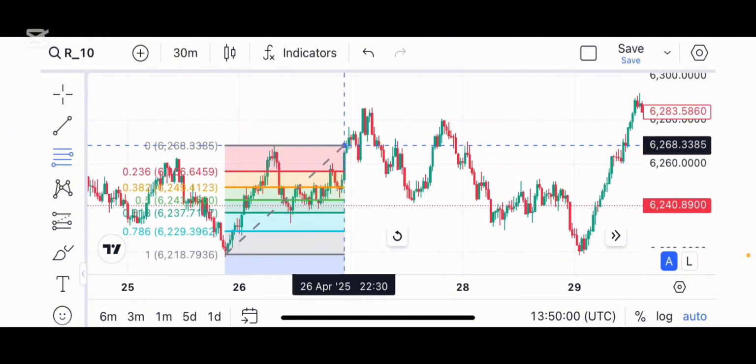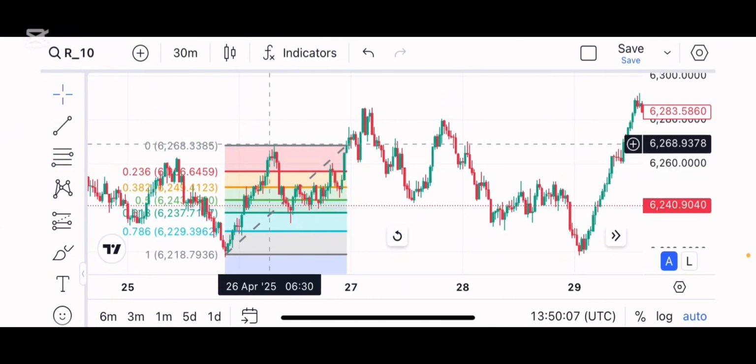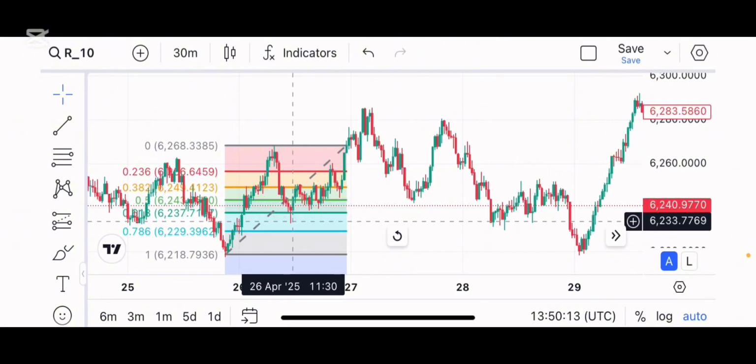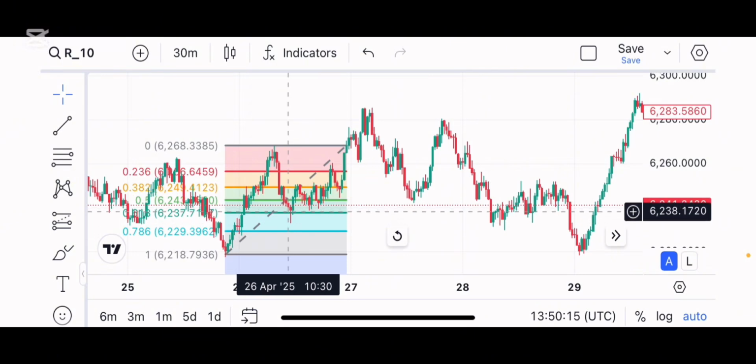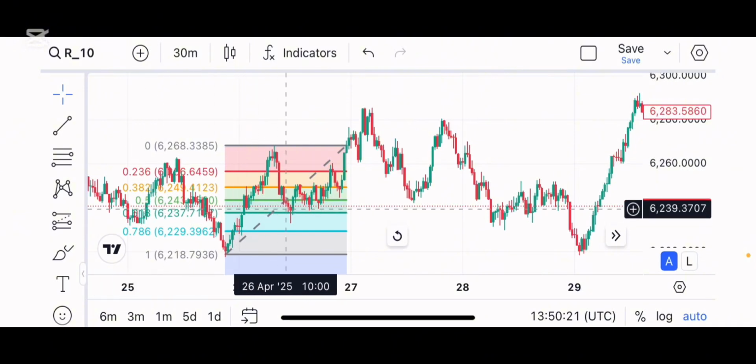So remember, what we want from this leg is that the leg will come down and break through the 38.2 Fibonacci, but will not go below the 61.8 Fibonacci. So if you look to this point, you will see the 61.8 Fibonacci here. You can see how price was able to close above it.